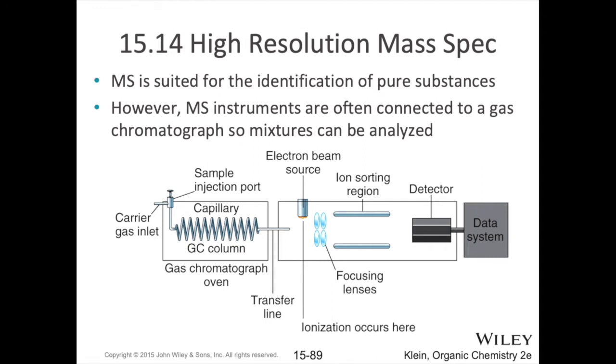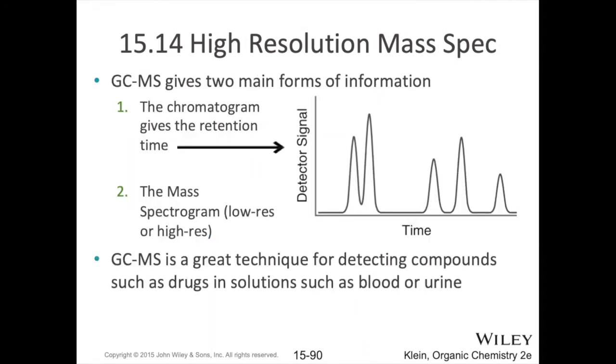Okay, so essentially you run a GC first, so it separates out your sample into the components making it up. All right, so you get a gas chromatogram that looks like this, that has these different peaks based on how the different components of your mixture travel through the column of your GC, and then you run a mass spec on that data accordingly.